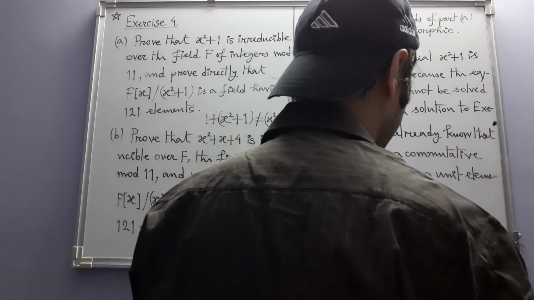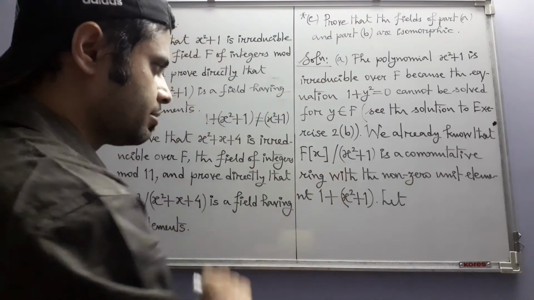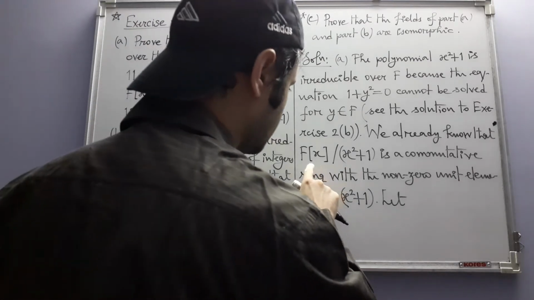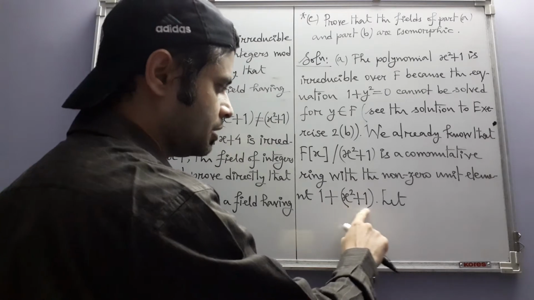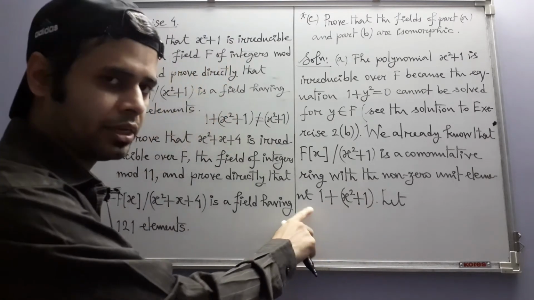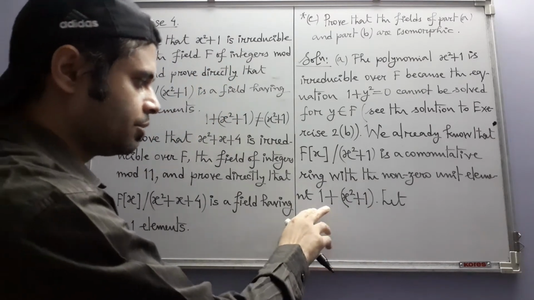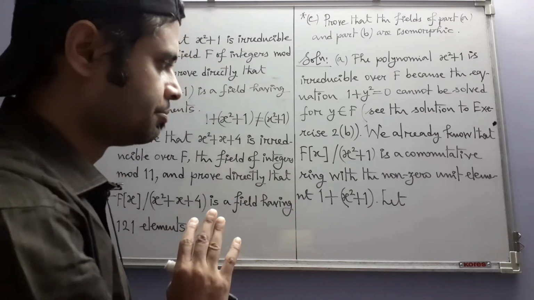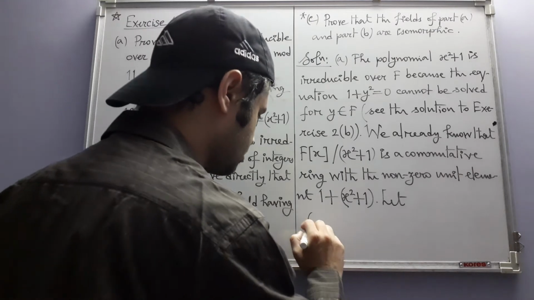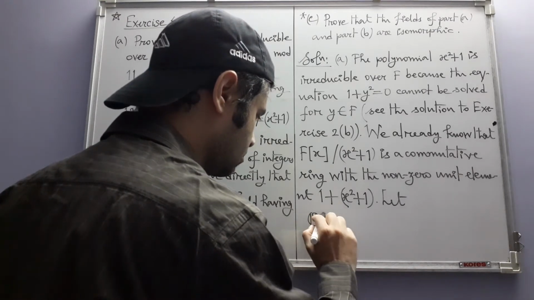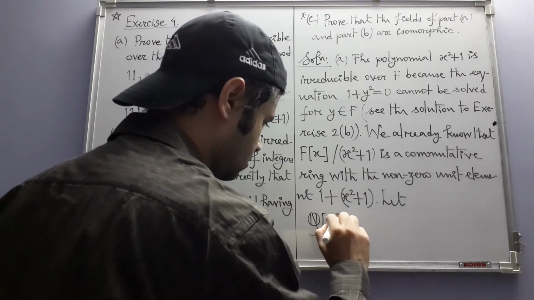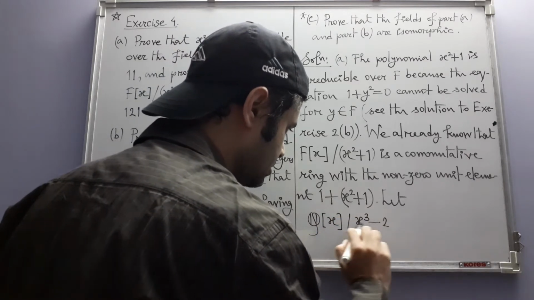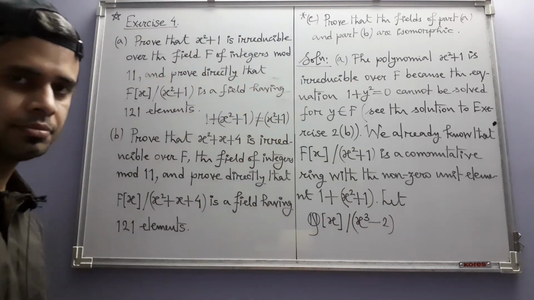Now let us consider a general element in this ring. A general element in this ring will look like a coset of this ideal by a polynomial. But we have actually gone through one such calculation where we did our calculations in this field.